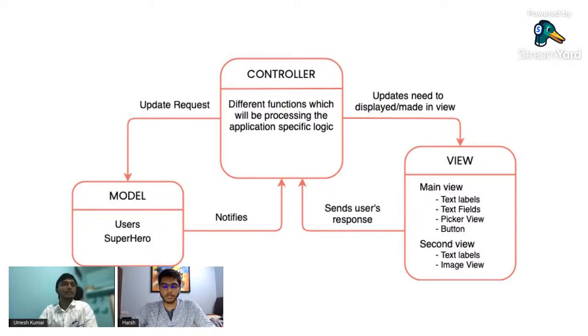Then the controller applies its logic as per the features and sends an update request to the model, and there will be some changes in that model. After that, it notifies the controller about the changes, and the updates are displayed in the second view, in the form of a text label and image view. This is all about MVC.